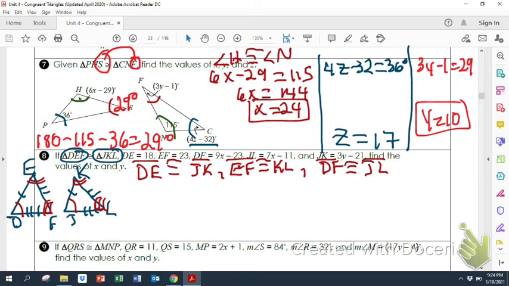So I know that DE is 18, and I see that they've given me JK is equal to 3y minus 21.